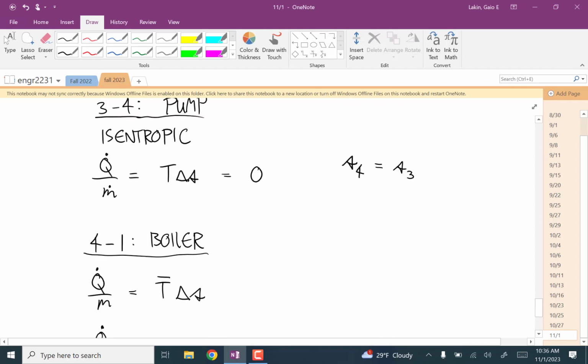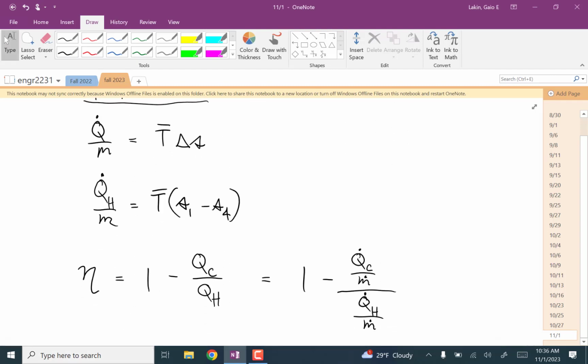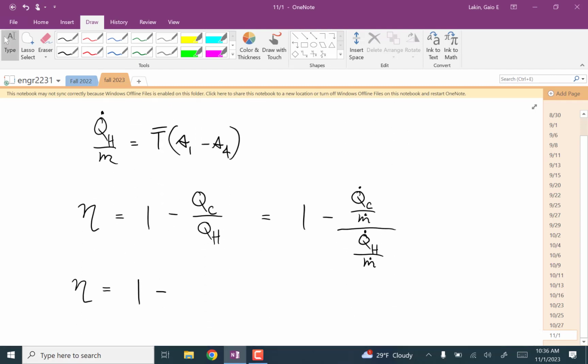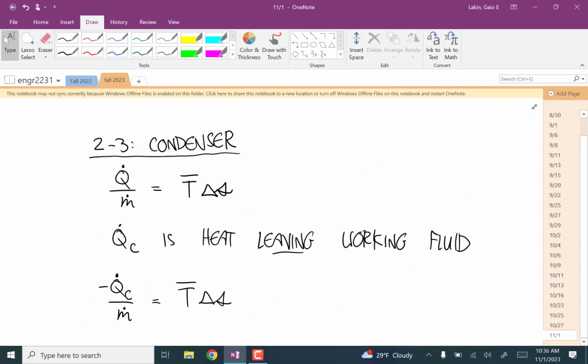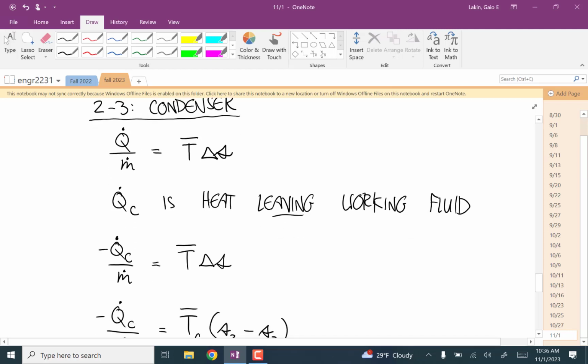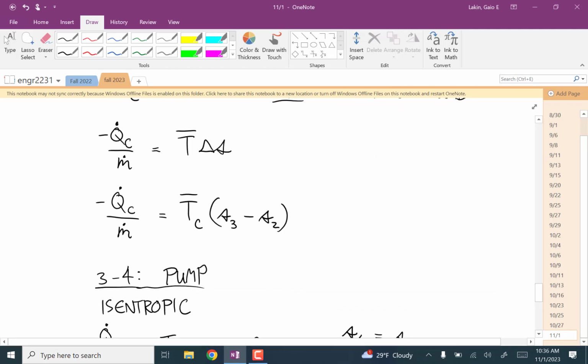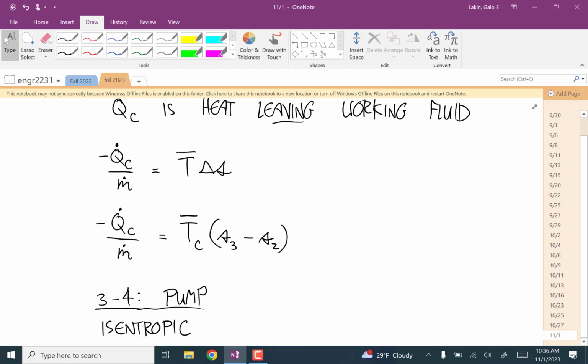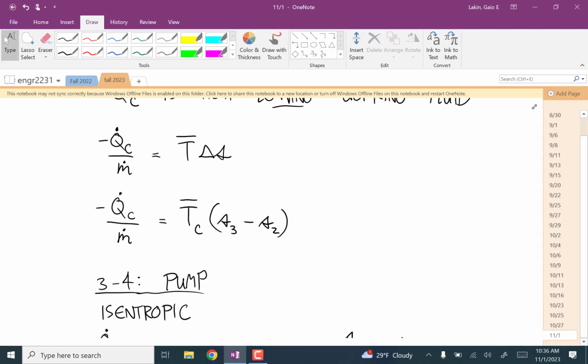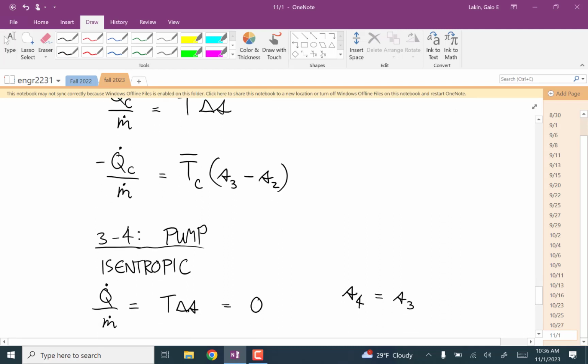So now we're going to make the substitutions in those two expressions that we had for the boiler and the condenser. Q C over m dot is, notice you have to switch the order of these two specific entropies.